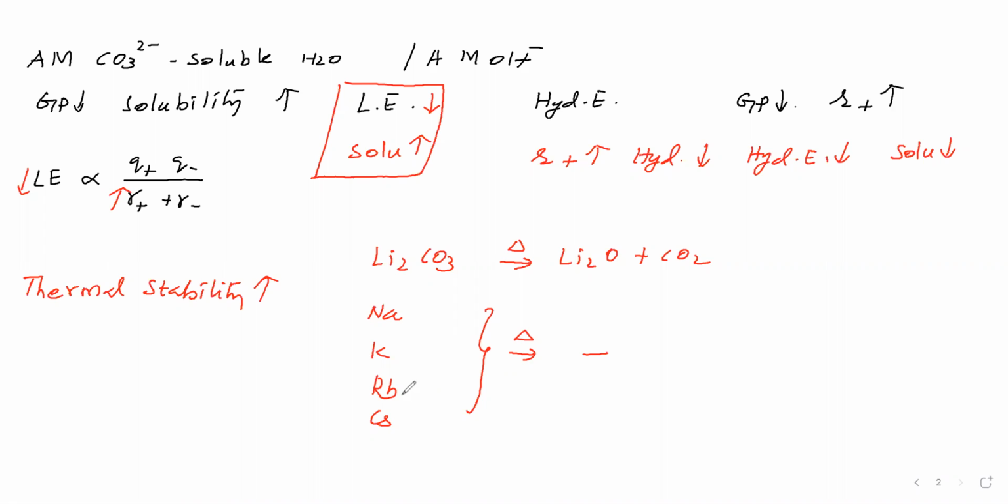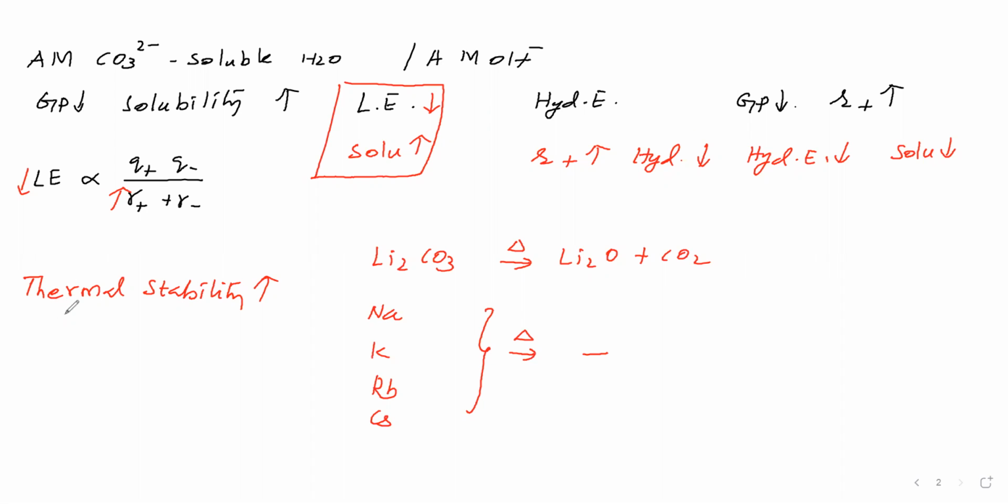So in the alkali metal carbonates, lithium carbonate decomposes like magnesium carbonate, which is a diagonal relationship, but sodium, potassium, rubidium, cesium carbonates do not undergo decomposition on heating. This itself indicates that down the group thermal stability increases.